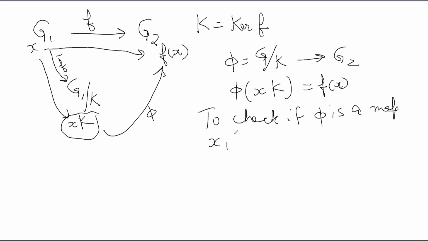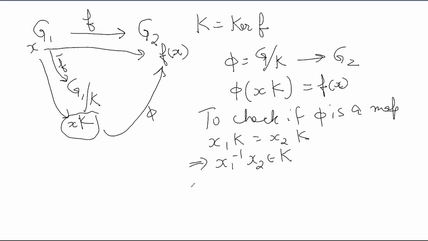If two elements are the same, their images should be the same, right? So these two elements are the same. Now one criterion of them being the same, you may recall, is that x1 inverse x2 is in K, right?